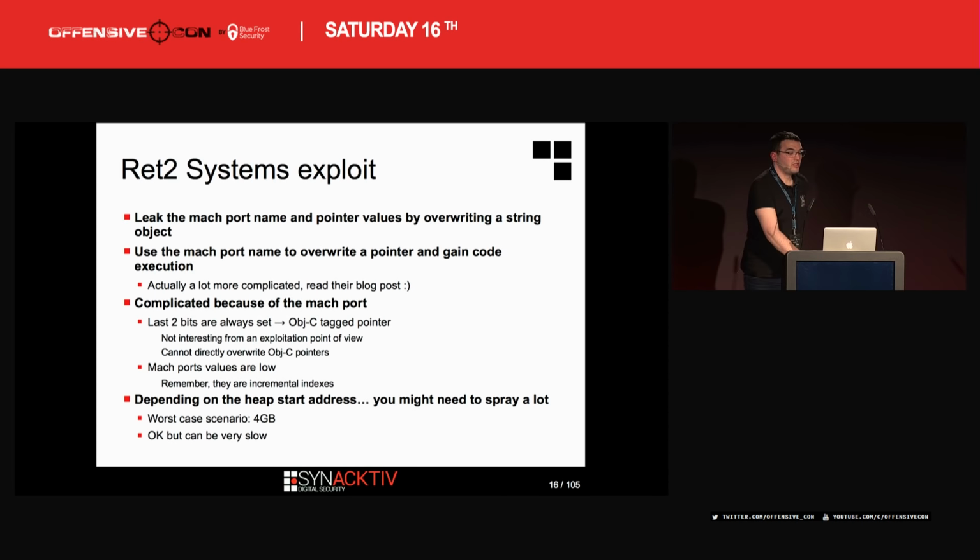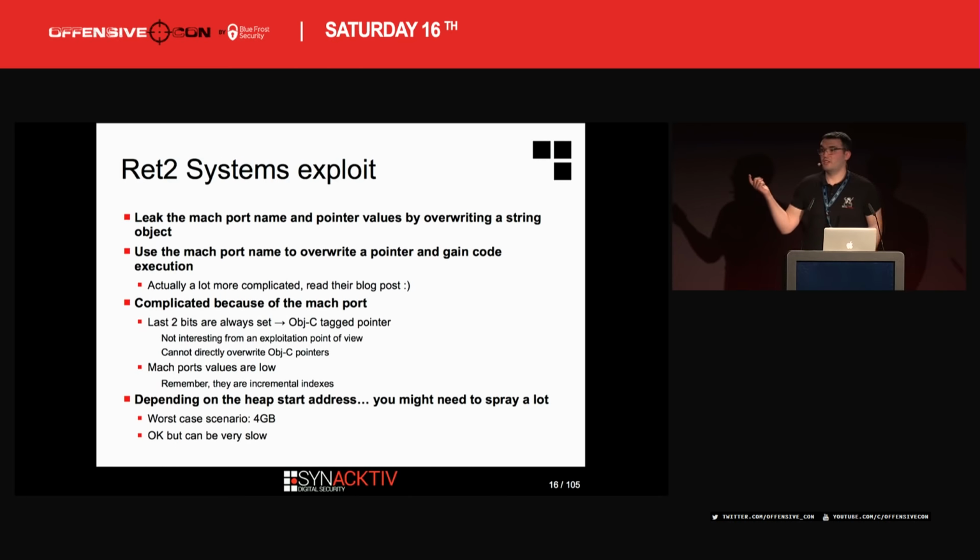So the Red2 system exploits used the Mac port name to overwrite the heap pointer. And they used a lot of heap spray to make sure that the overwritten pointer points to valid memory. And well, they did a lot of complicated stuff. I invite you to read their blog post to understand it.